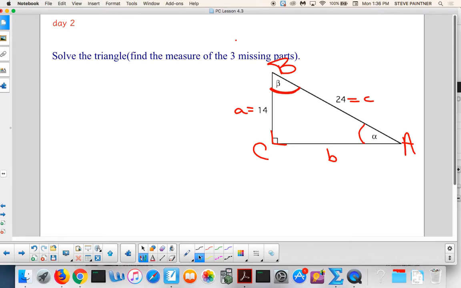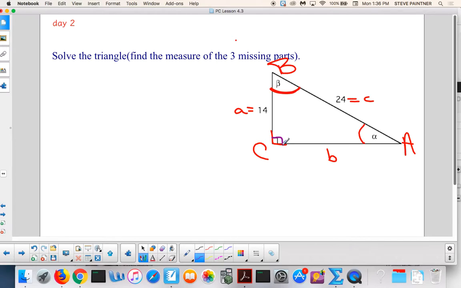It's not easy finding that angle when all you know is an angle. Can you find the angle right now? If all I know is 90 degrees, I don't know that angle, can I find one of those out with a calculator? How?